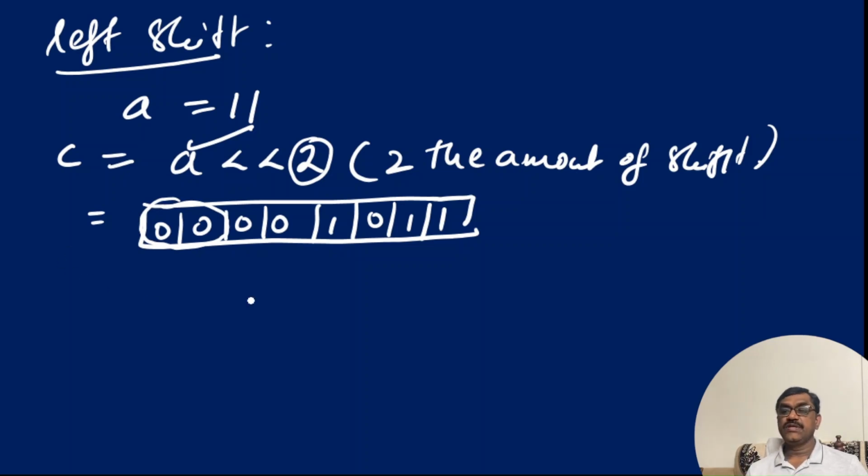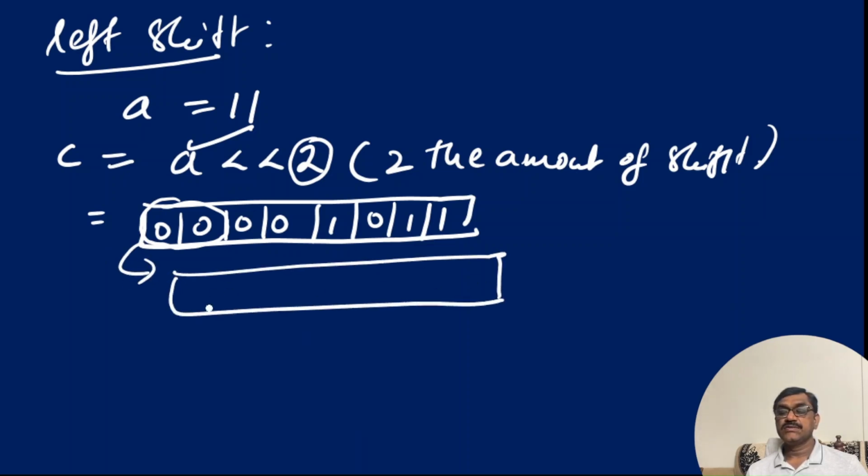So when you shift these 2 bits, what happens? We are getting the internal storage like this: 0, 0, 1, 0, 1, 1, and on the right side we are getting 2 empty spaces. These empty spaces are filled with zeros.